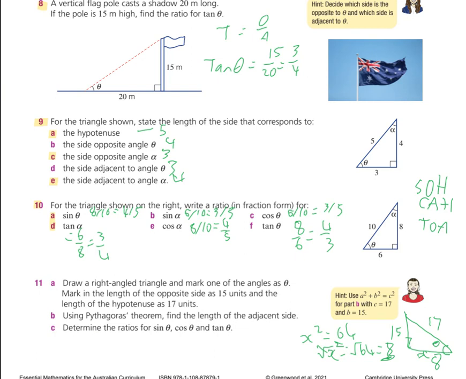So there's my theta. Sine will be opposite over hypotenuse, so 15/17 is my sine. My cosine is going to be adjacent over hypotenuse. There's adjacent, this is hypotenuse, so it's going to be 8/17. And my tan is going to be opposite over adjacent. It's going to be 15/8.